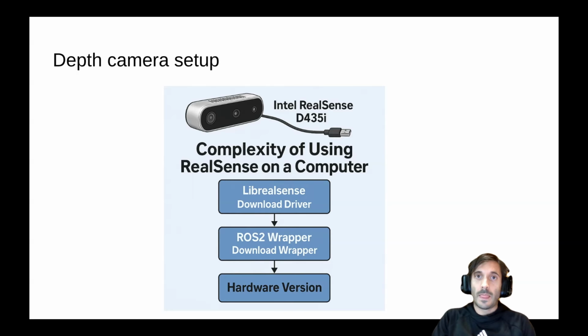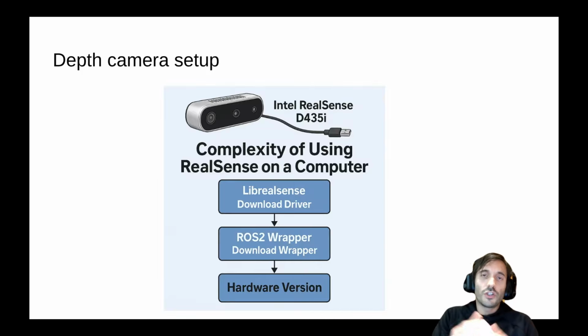in your machine. But then if you want to use this sensor in a ROS2 environment, you install a wrapper, and you might have experienced a problem in binding a certain version of the driver with a certain version of the wrapper.